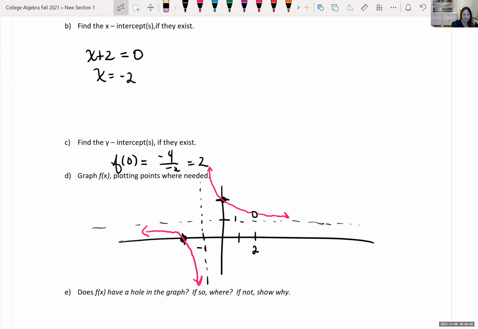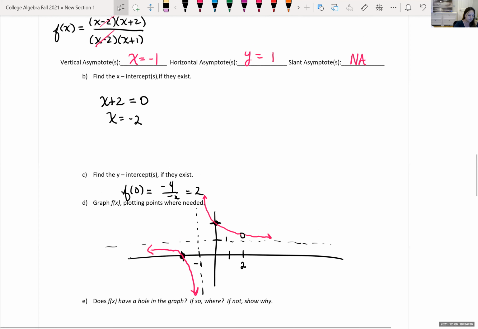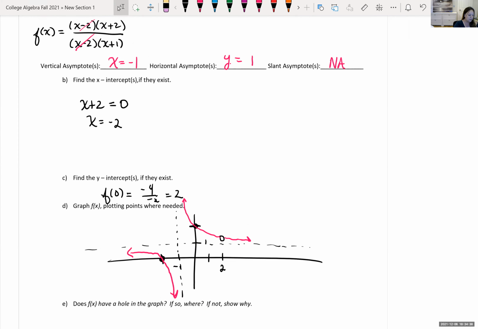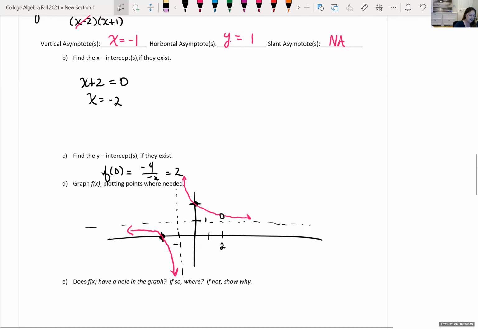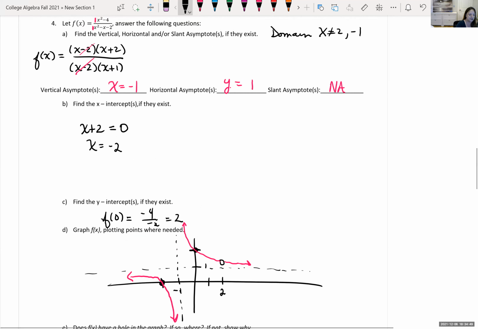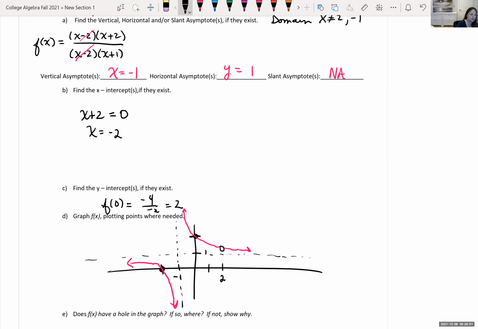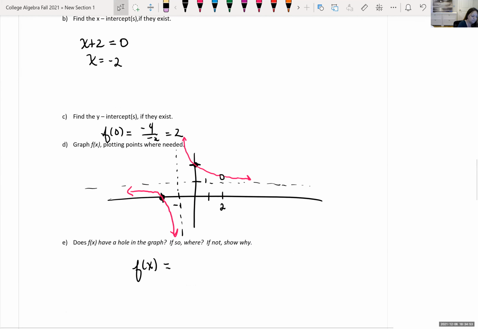So the hole is going to exist at the value which sets both the numerator and denominator equal to 0. And you're going to find that by looking at the reduced version. So when we canceled those factors, we were left with x plus 2 all over x plus 1.